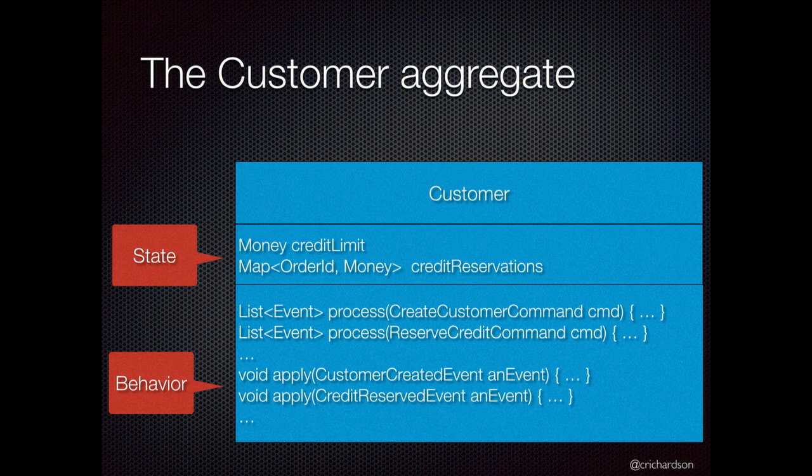And those events will be persisted in the database. And then you have an apply method that takes an event and updates the state of the customer. So the business logic is structured in a slightly different way. And it's all about being able to generate the events that represent state changes and then apply the events in order when you're replaying them.